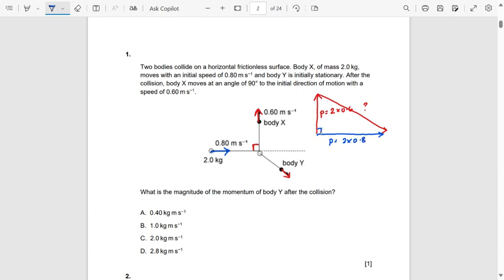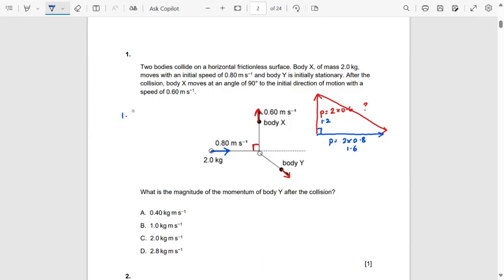Now, because there's a 90-degree triangle between these, we can do Pythagoras. So I know that 2 times 0.8 is 1.6. I know that this length here, 2 times 0.6, is 1.2. So I know that this question mark is going to be a squared plus b squared equals c squared. So I'm going to come over to the left.